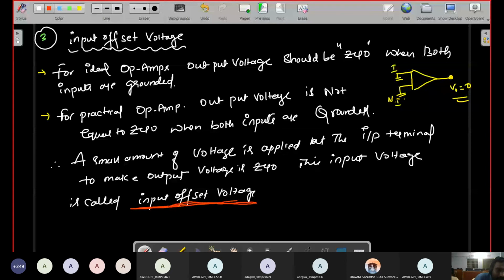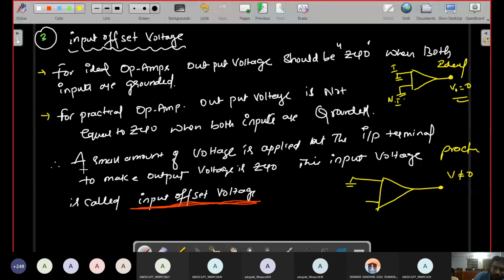Right, understand? What it means, see, in this diagram you can clearly understand. If you consider any operational amplifier, this is ideal, this is practical. Practically the output is not equal to zero when both input terminals are grounded.